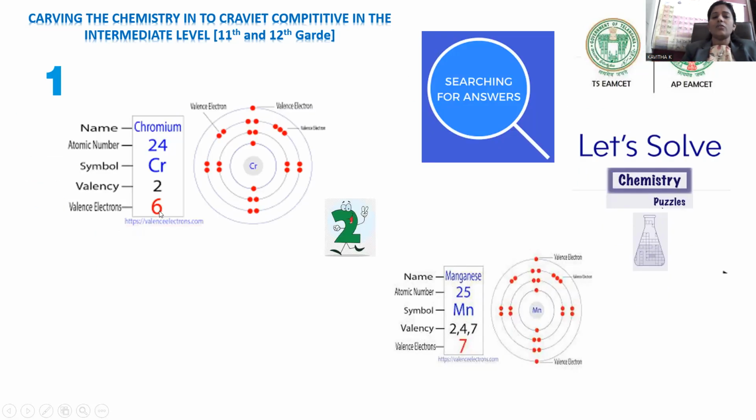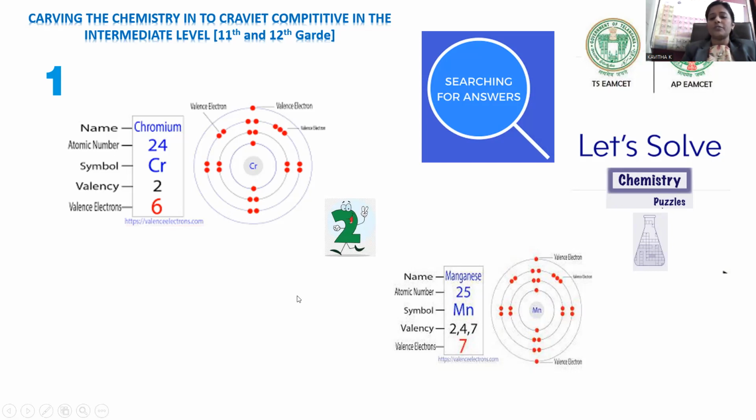Let's count how we get these 6 electrons. Chromium's outermost shell configuration will be ns1 (n minus 1) d5, that means 3d5 4s1 is the correct outermost shell configuration. 5 plus 1, total 6 electrons will be there. All these 6 are the valency electrons of chromium.